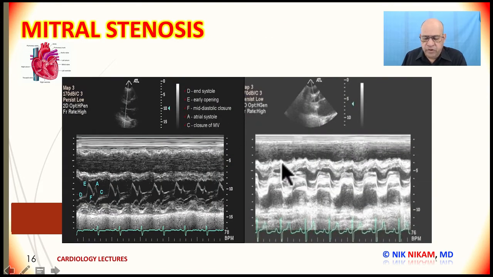Here is the good old days, back in the 80s when I was doing fellowship in cardiology. This was the only gold standard that was available for echocardiography in terms of diagnosing mitral stenosis.